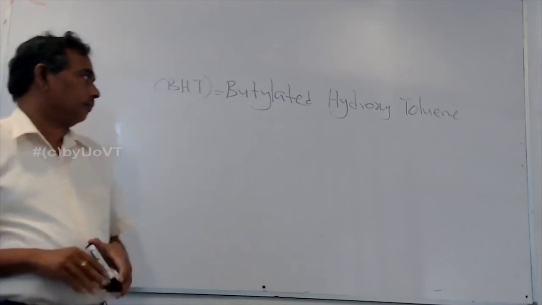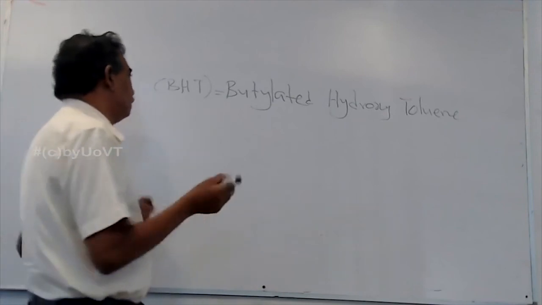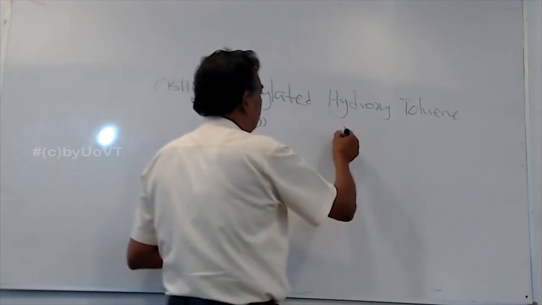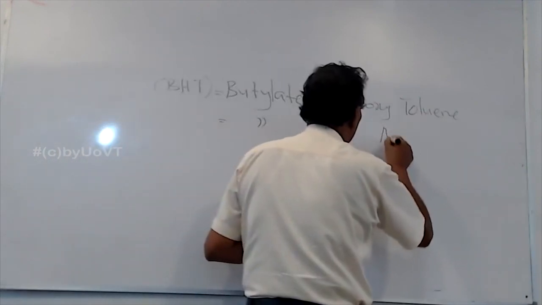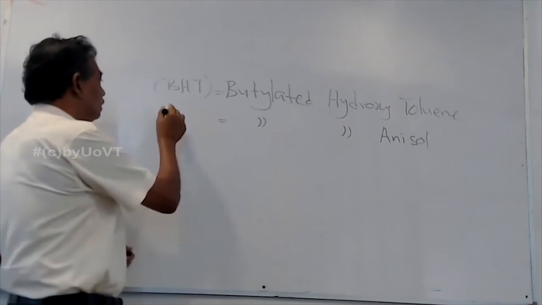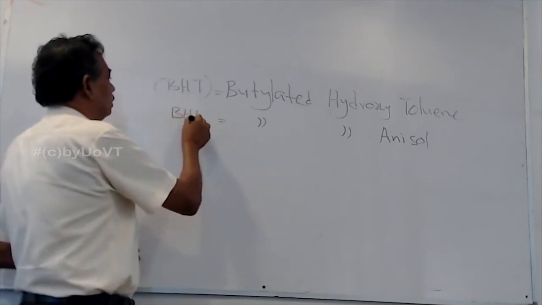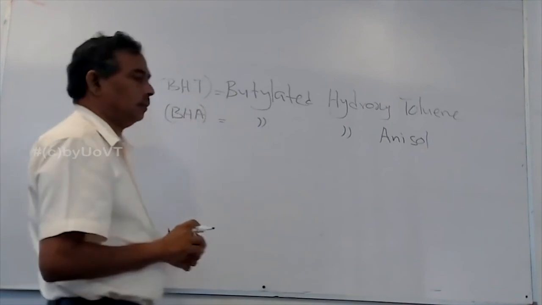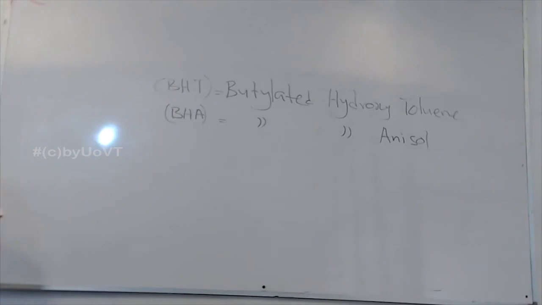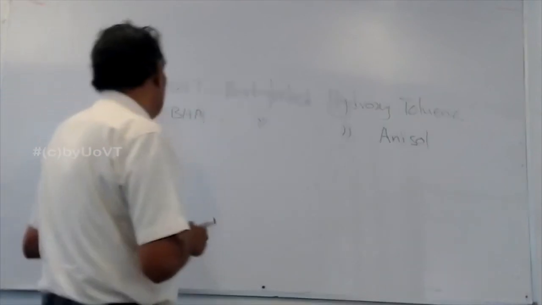Right? The second example is again butylated hydroxy, but the other part is not toluene, it is anisole. That is BHA, butylated hydroxyanisole. Butylated hydroxyanisole, that is BHA. Right? Then gallic acid.